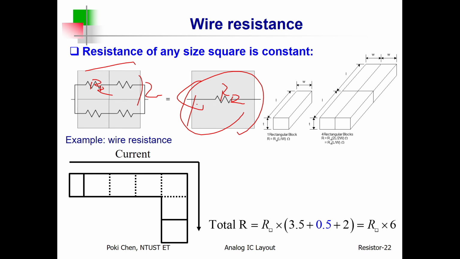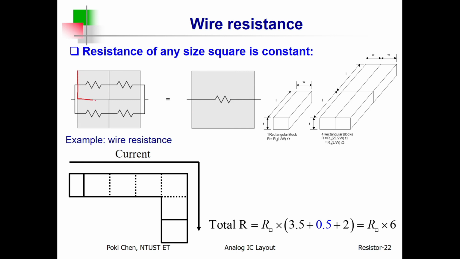So, do you need to spend a lot of area for such an R square layout? It's up to you, according to power consumption. Two major constraints. You see, for this resistor and the 4 times larger resistor, they have the same resistance, R square.